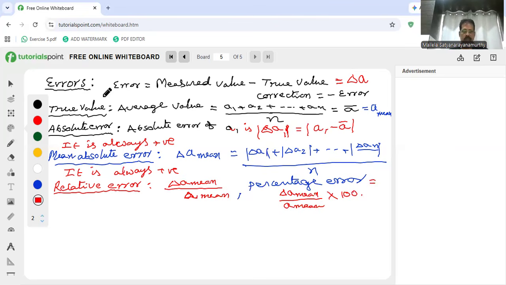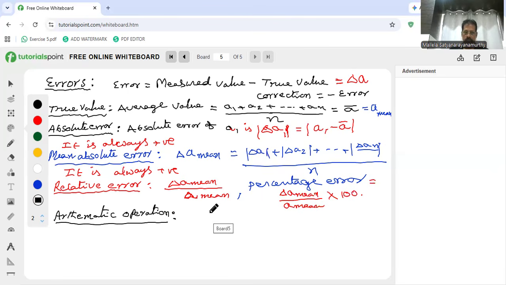You will get one problem on errors only. This is the fifth concept I want to explain here: arithmetic operations of errors. What are the arithmetic operations of the errors?